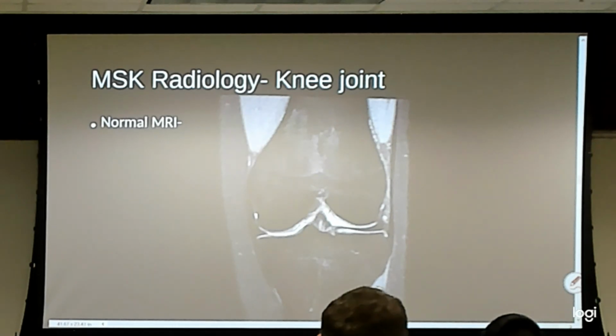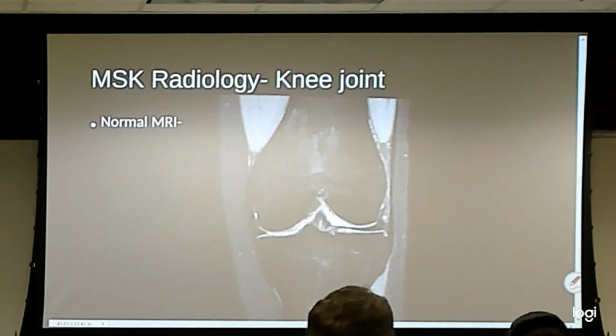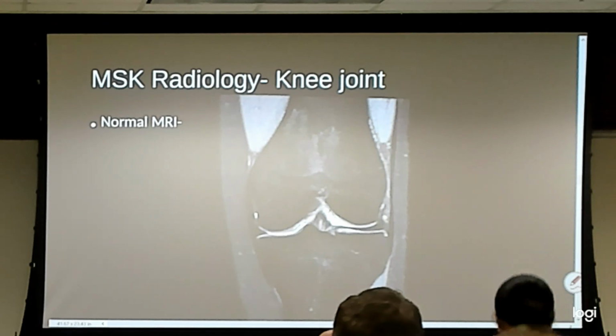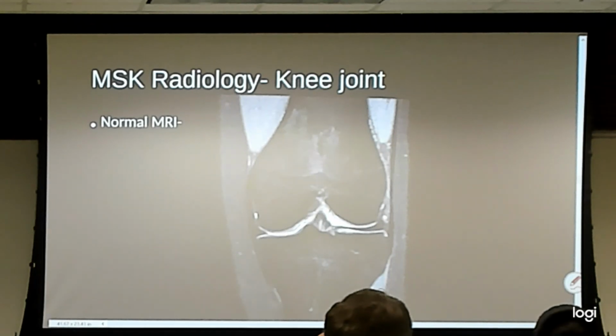Normal MRI. Scroll down. Proximal fibula. Okay, so here on mine, I do not have a proximal fibula, but I am going to make some leaps. Hope that they're better leaps than last leap I made, right?